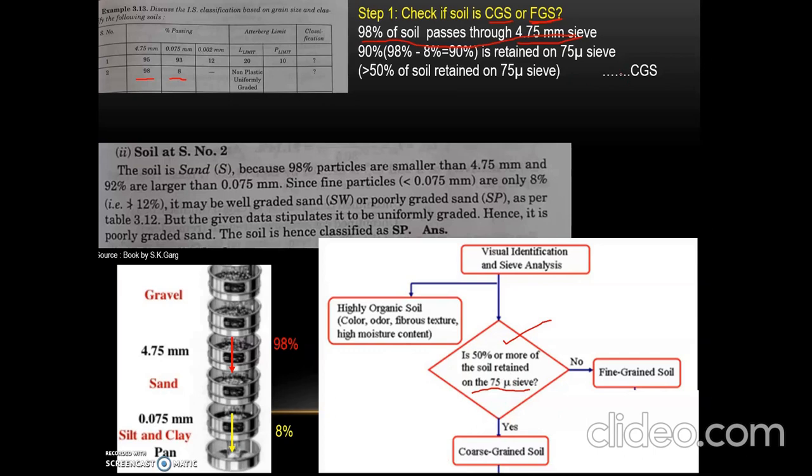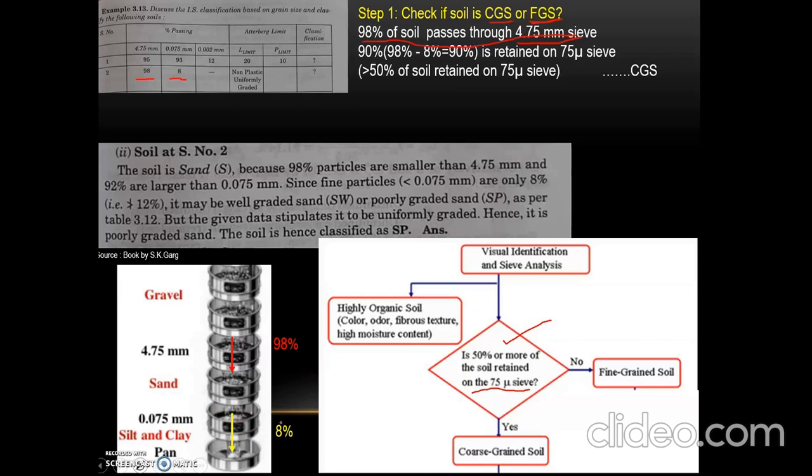So we confirm that the soil is coarse-grained based on the percentage passing through the 4.75 mm sieve and the percent passing through the 0.075 mm sieve. That can even be seen from the figure over here. 98% passes through the 4.75 mm sieve, out of which 8% passes through the 0.075 mm sieve. So if 8% is passed, how much is retained on the 0.075 mm sieve?